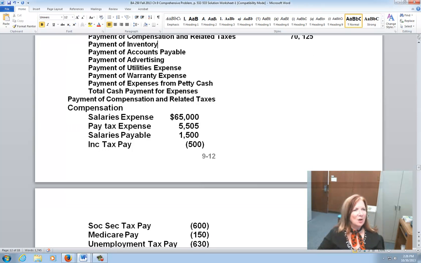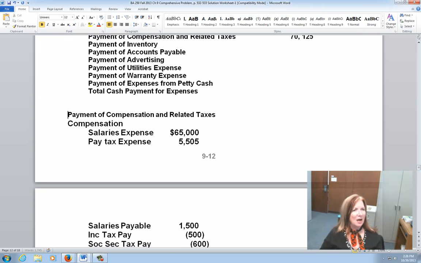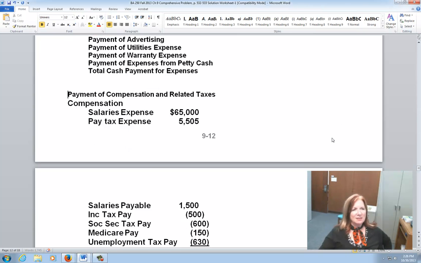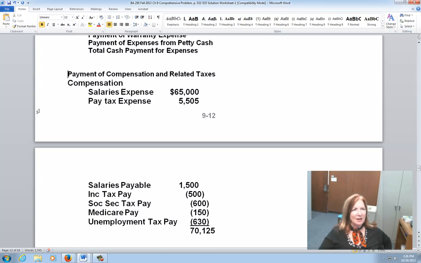Okay, so when I look at this payment of compensation, I can actually separate it a bit, but I thought you needed to see this computation, see where to go find these numbers and how they work together. It does not normally appear, but I think a worksheet helps a lot when there's one that's this complex.